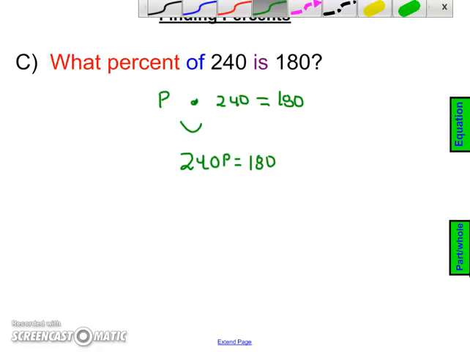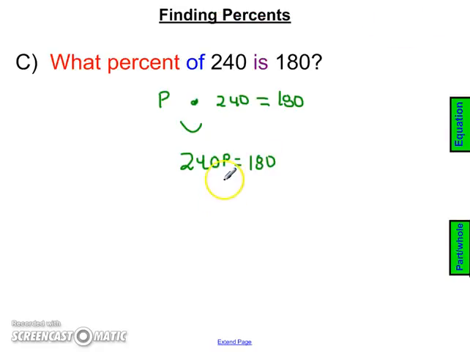And I undo this multiplication by dividing both sides by 240. These will reduce themselves out. And so 180 divided by 240 is 0.75. Oh gosh, I should know that off the top of my head. Decimal 2 places to the right, 75%.